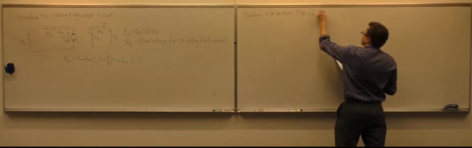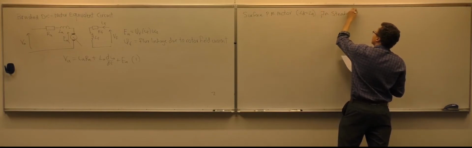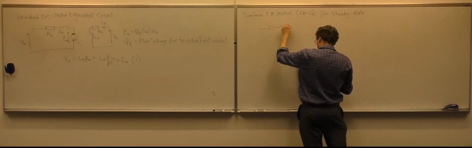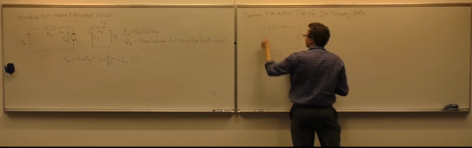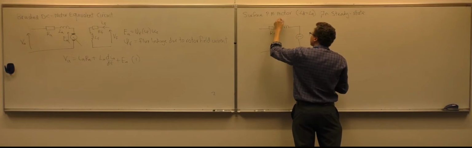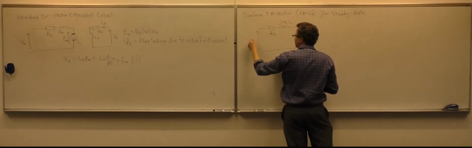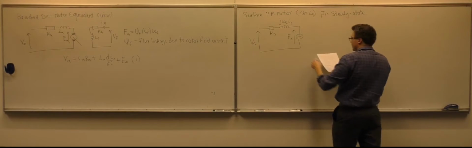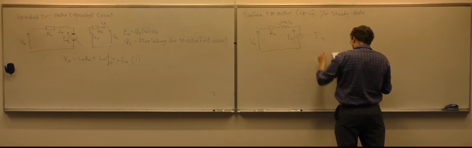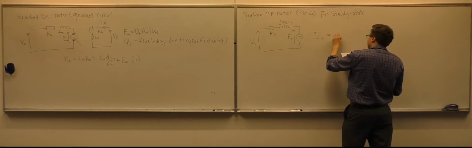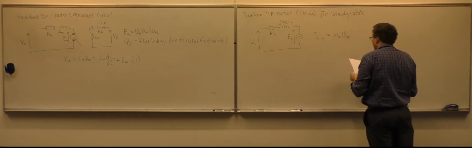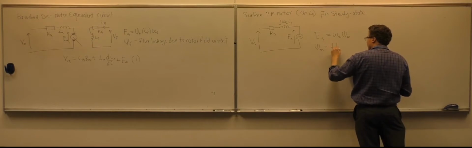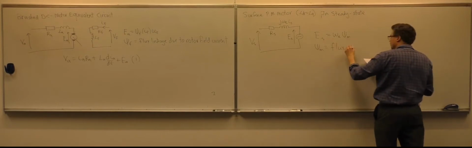Then in steady state, we would have something like this, where ES is now equal to the frequency and the flux linkage, where the flux linkage psi m is due to the magnets on the rotor.